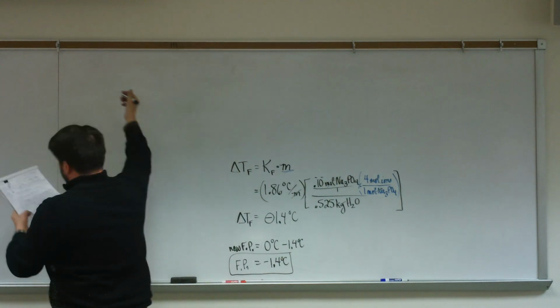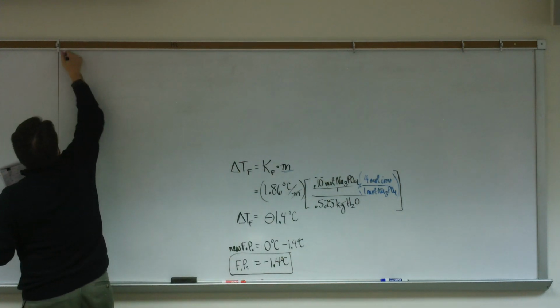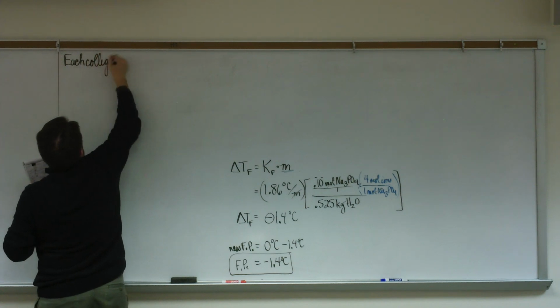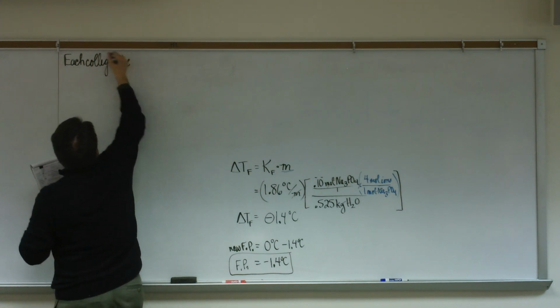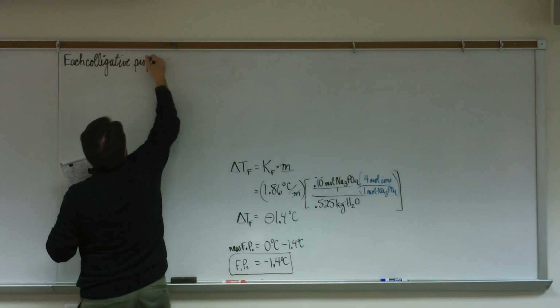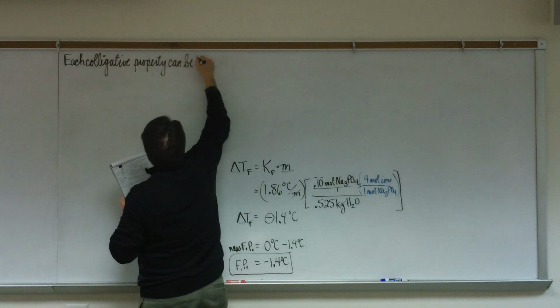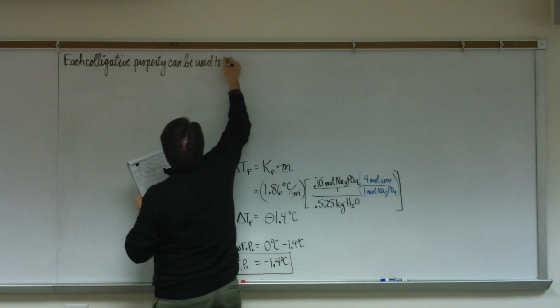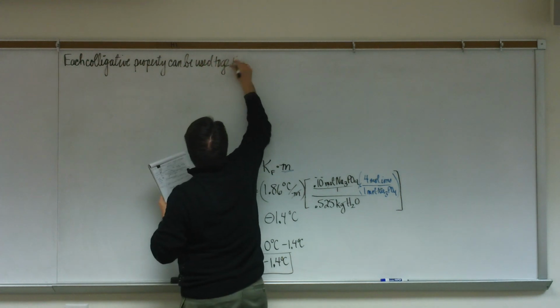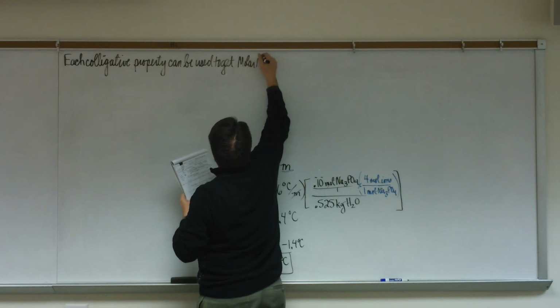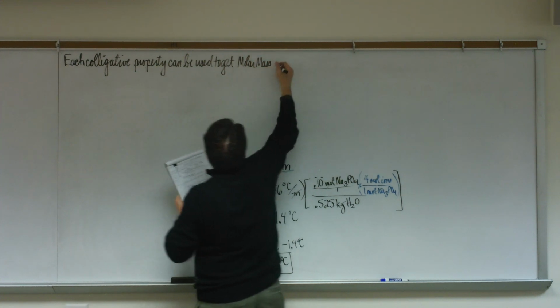But every colligative property, each one, there are 4, each colligative property can be used to get the molar mass of an unknown.